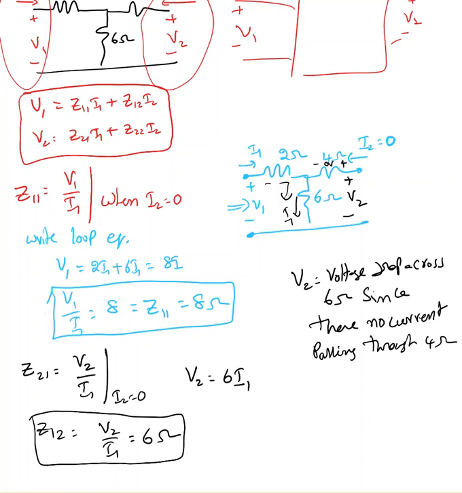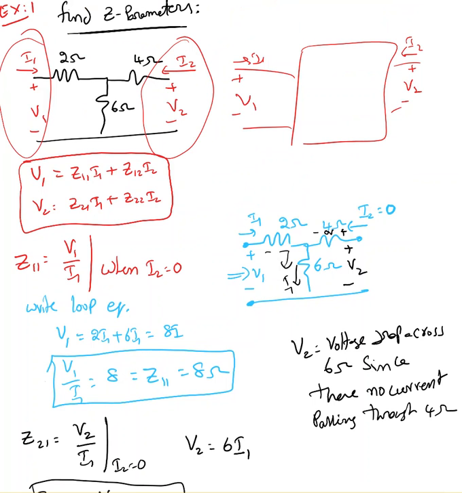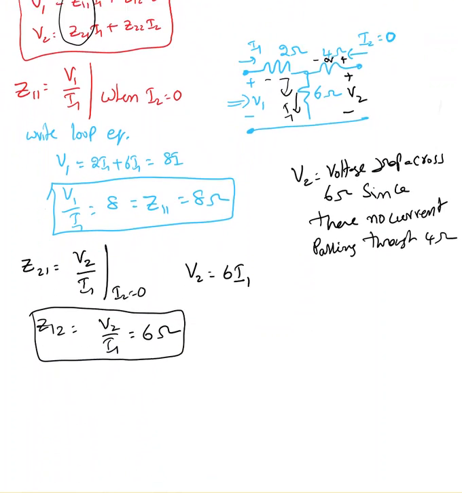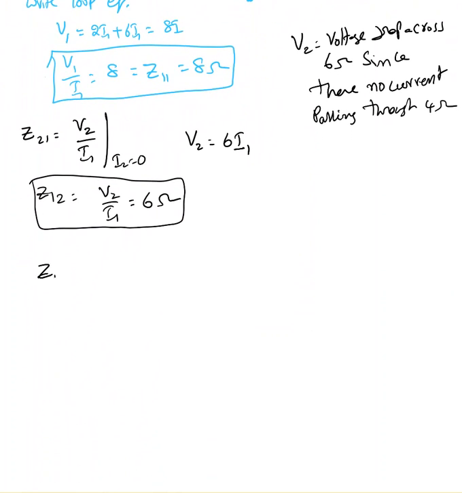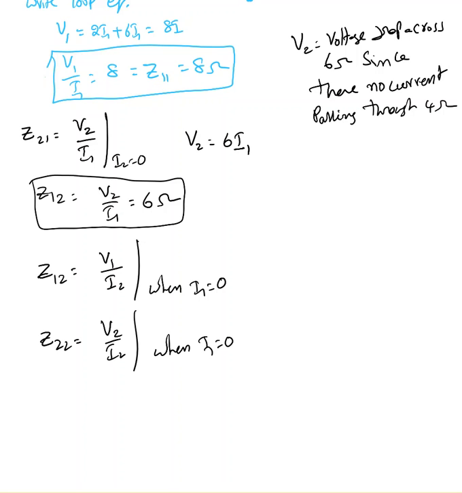So I found Z11 and Z21, and I'm going to find the next two parameters. We found two parameters, and this is the last two. I'm going to find Z12, which is nothing but V1 over I2 when I1 equal to 0, and Z22, which is V2 over I2 when I1 equal to 0.